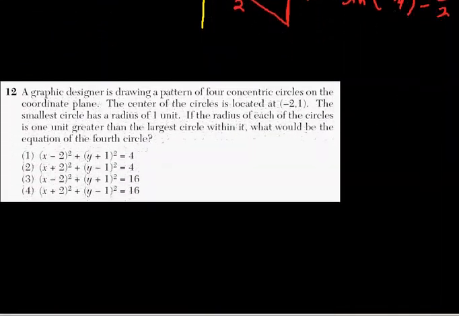Okay, let's go on to question number 12. It says, a graphic designer is drawing a pattern of 4 concentric circles on the coordinate plane. The center of the circles is located at -2, 1. Concentric means they share the same center. Con being like cooperation, they share, co-centric, they share the center.